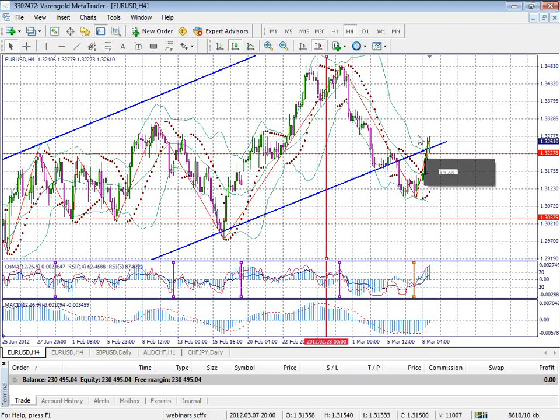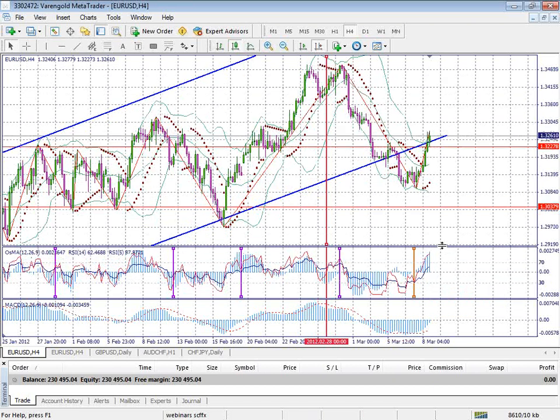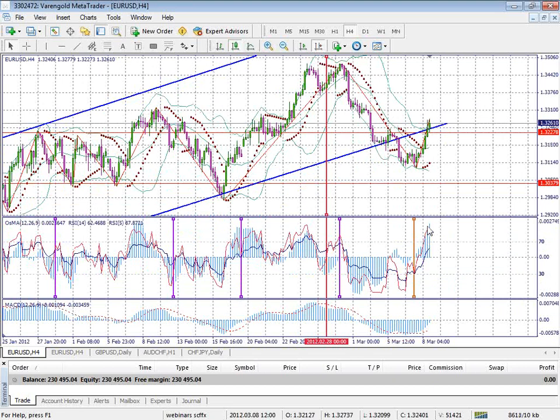It's possible to have one reversal here, and you can see that we have something like a high level for the oscillator. RSI 5 and RSI 14 are over 50, not at 70.